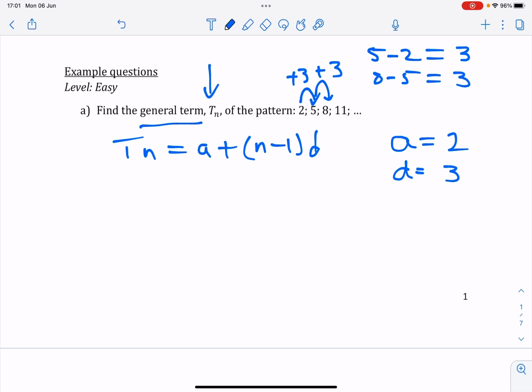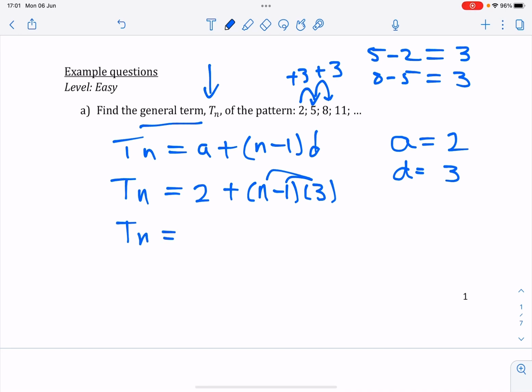Now we can substitute in our a and our d value. So Tn is equal to 2 plus n minus 1, and our d value is 3. In our next step, we're multiplying this 3 in. So Tn is equal to 2 plus 3n minus 3. Our final step is to just simplify: 3n, and 2 minus 3 is minus 1.